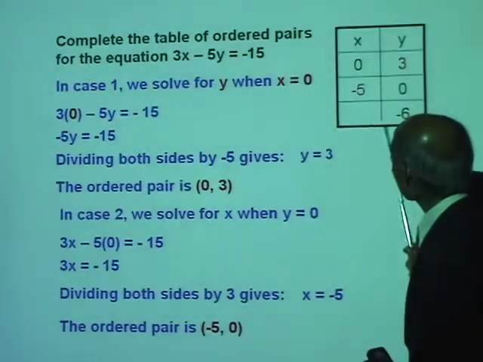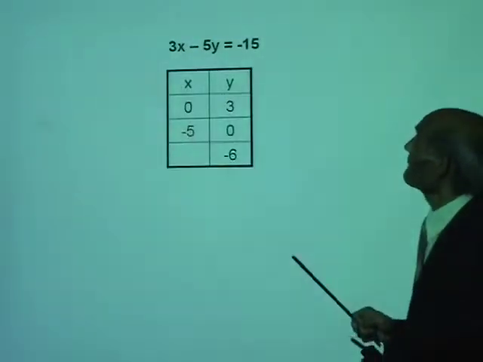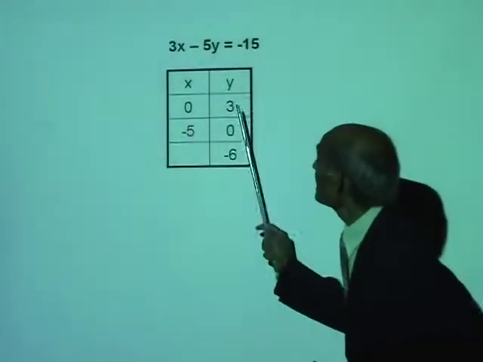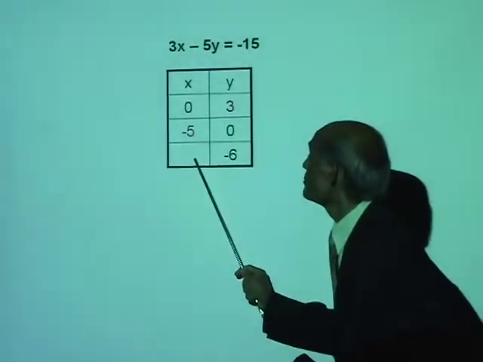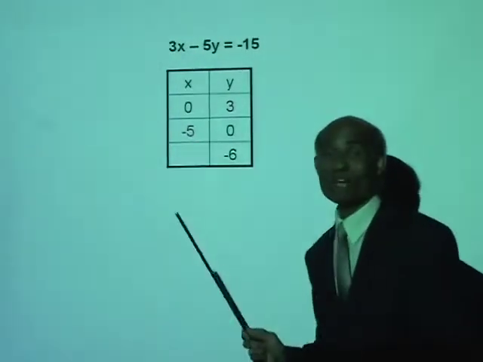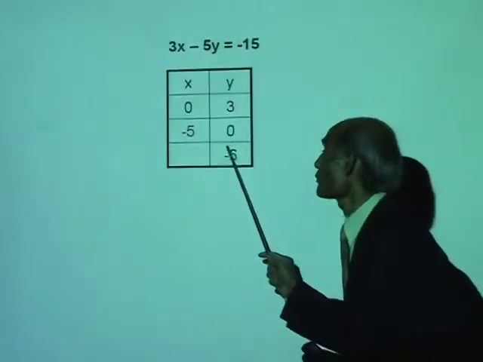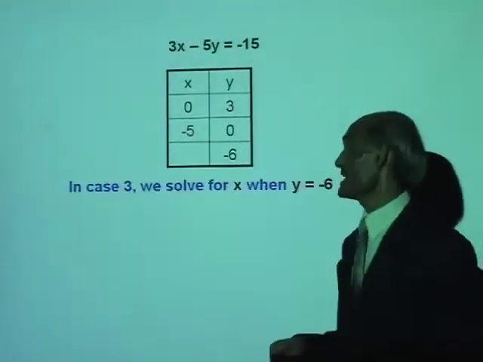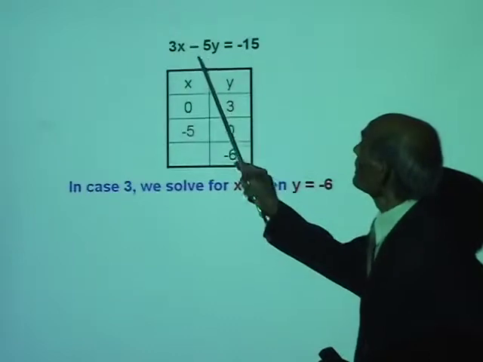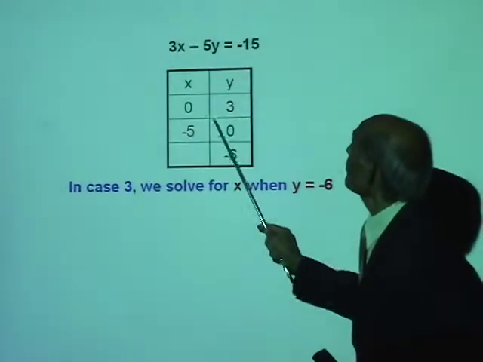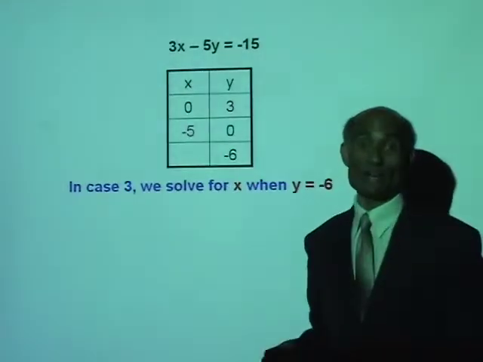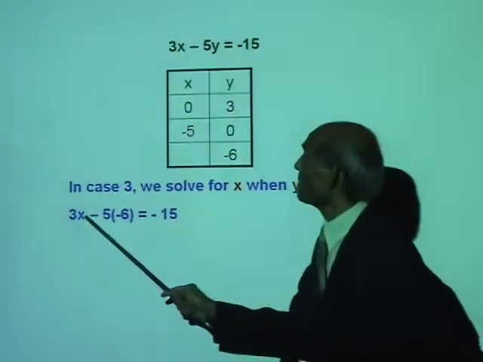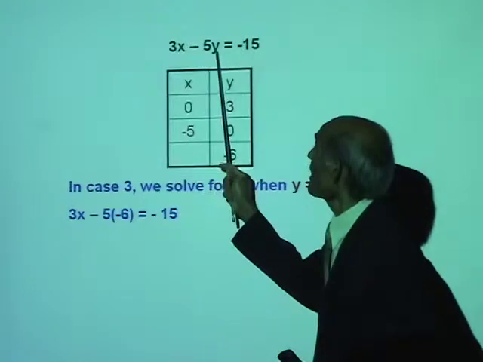What about case 3? Let's go to the next slide. For case 3, you are again given the value of the output. You need to find the input. What input will cause an output of -6? So what do we do? In this relation, replace your y by -6 and solve for x. Let's do that. 3x minus 5y.